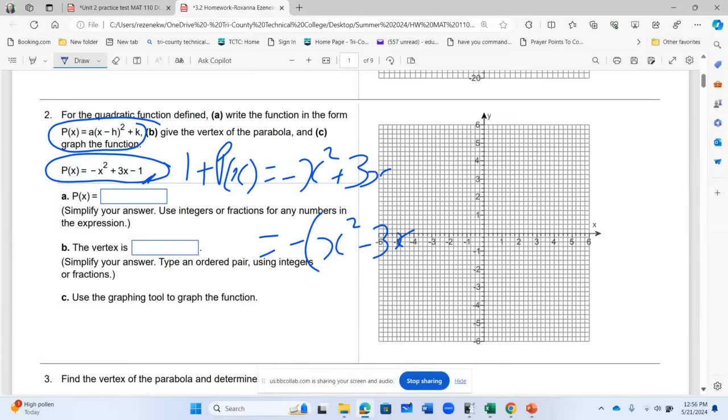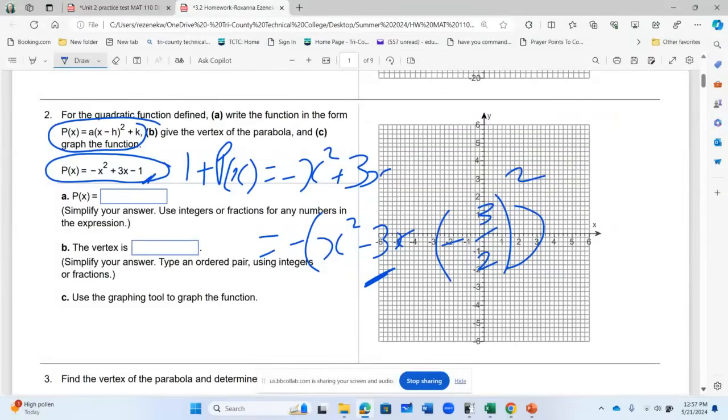Now, divide the coefficient of the linear term by 2. I have negative 3 here. If I divide it by 2, I don't want to write 1.5, so I'm going to write negative 3 over 2, squared.